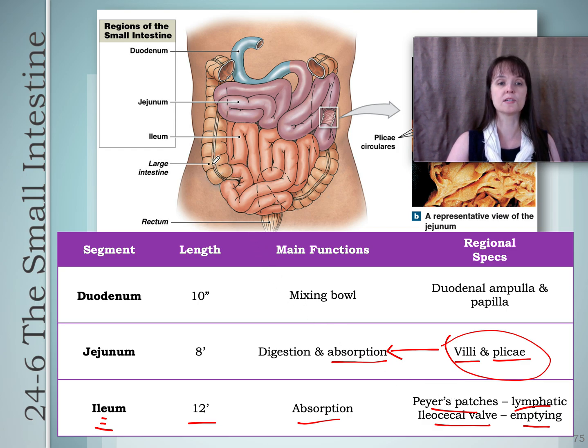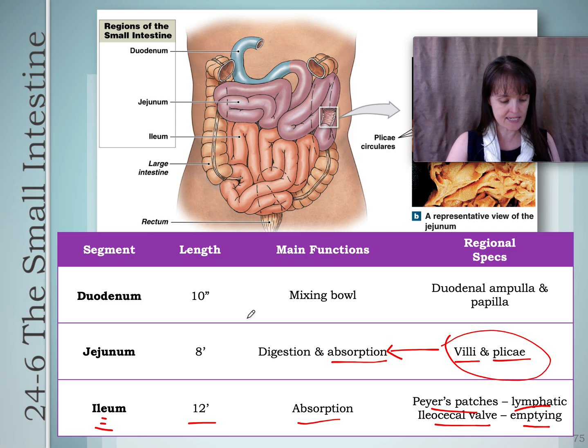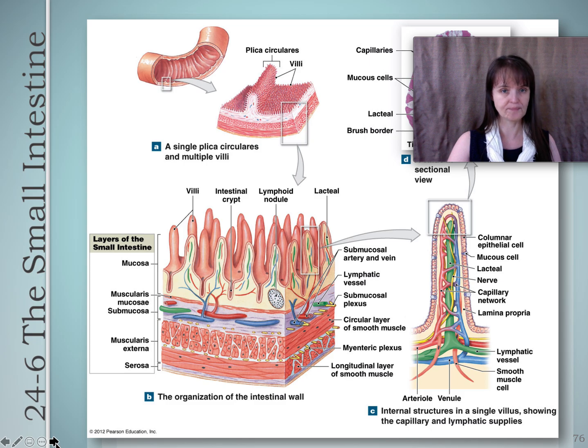This first part of the large intestine is the cecum, so the ileocecal valve is the valve between the small intestine and the large intestine. The blood supply to the small intestine is mainly the superior mesenteric artery and vein, and it runs in between the 2 layers of mesenteries, as I'm pretty sure I've mentioned in these videos before.